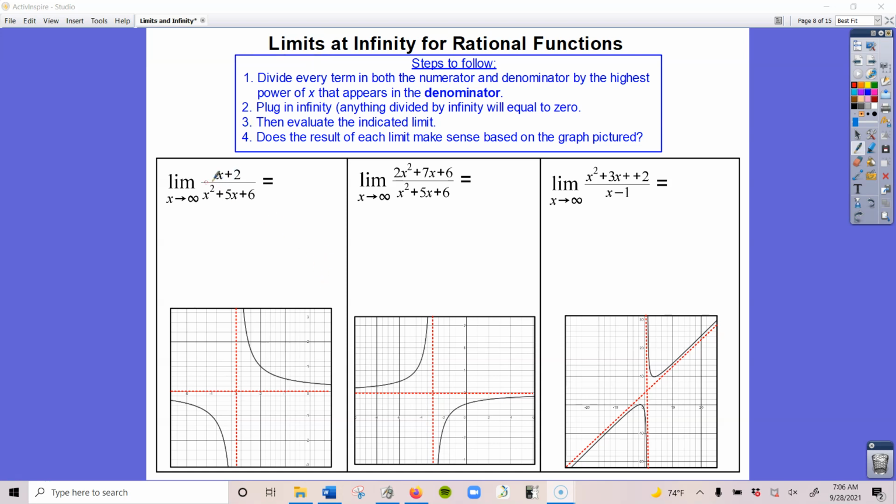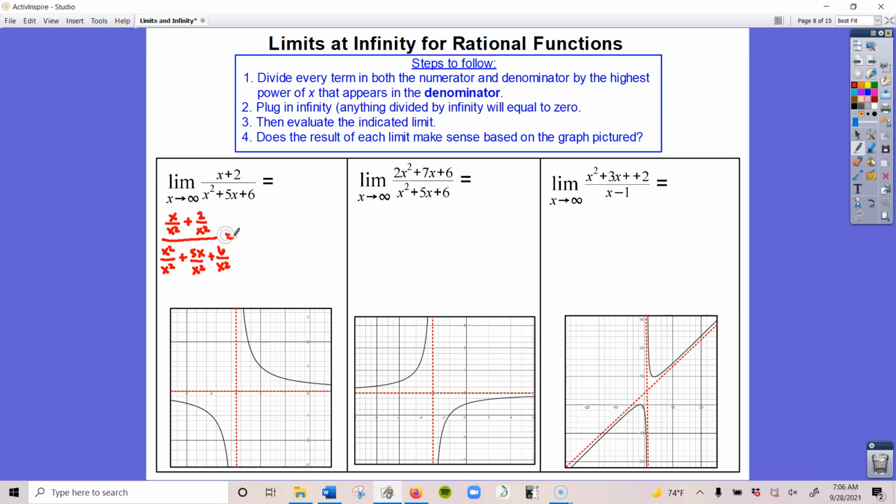So I look at my denominator, which is x squared, that's my highest exponent, and I'm going to divide every single term in my rational function by x squared. So x over x squared plus 2 over x squared, over x squared over x squared plus 5x over x squared plus 6 over x squared.